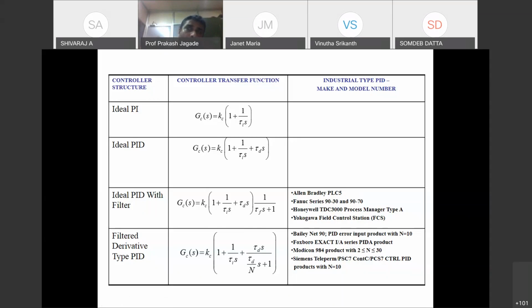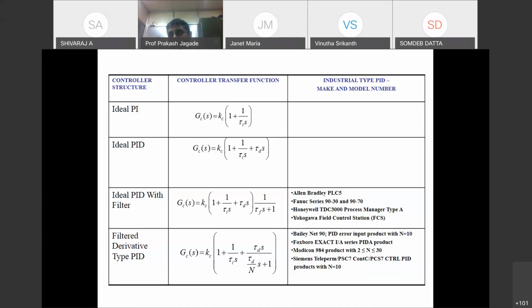So the 3 actions, past, present, and future errors, are judiciously mixed. The weight associated with the present error is the proportional action, that is Kc, proportional gain, and the weight associated with the integral action is Kc by TI, which we call integral gain, and the weight associated with the derivative action, that is based on the rate of change of error, dE by dt, is Kc times TD.